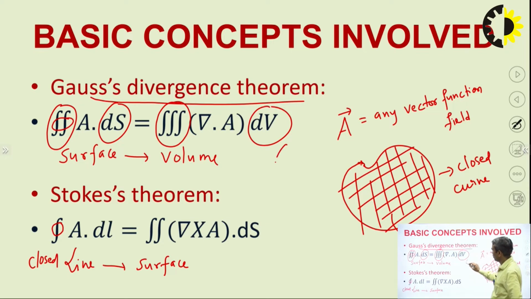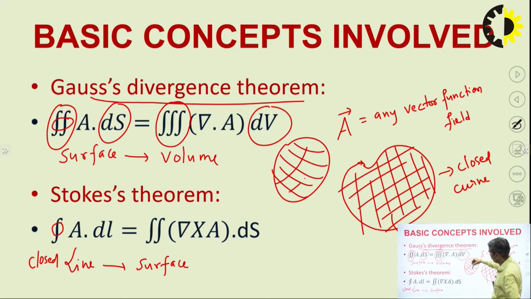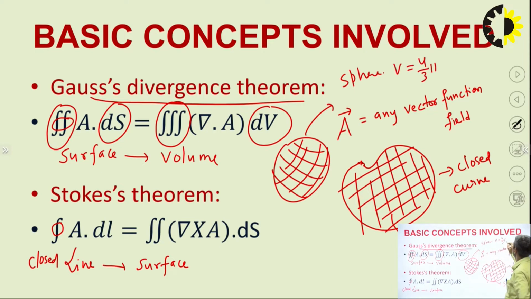Surface, if the surface is not closed... suppose we think of a closed surface, for example, a sphere. The volume is 4/3 πr³ and the surface area is 4πr².